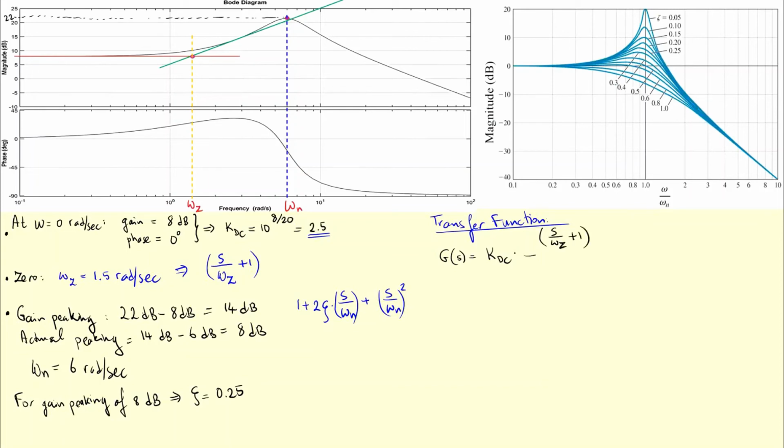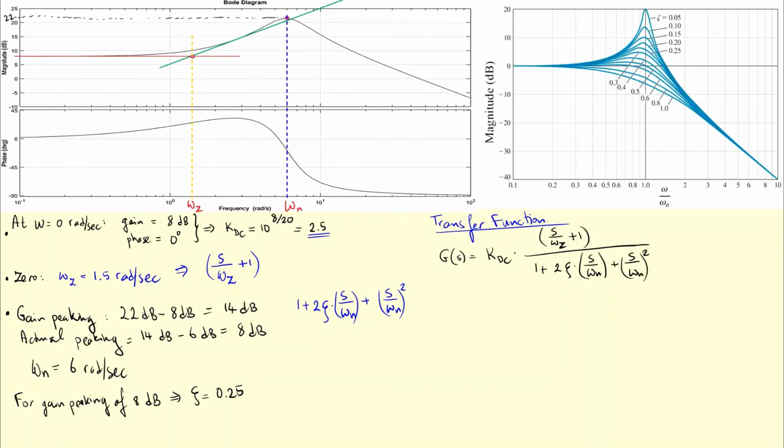And we have only one zero, so that is done for the numerator. And we have only the gain peaking and no additional poles or others. So we have just 1 plus 2 zeta times s divided by omega n, plus s divided by omega n and the quantity squared.